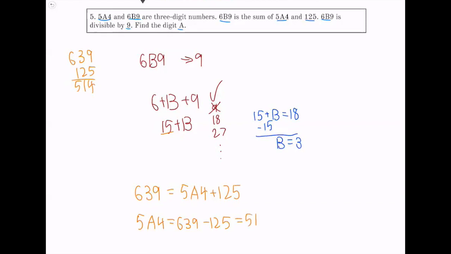If 5a4 is 514, what is a? One. Yeah. Any questions?